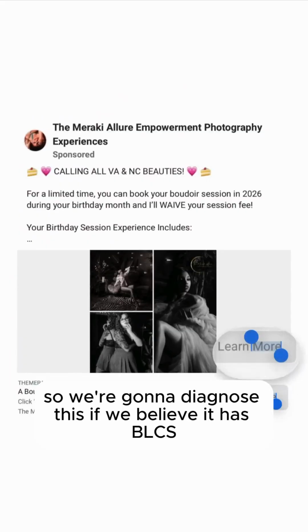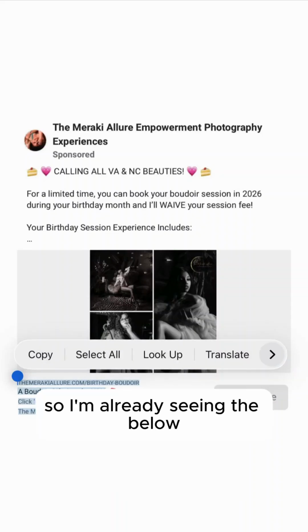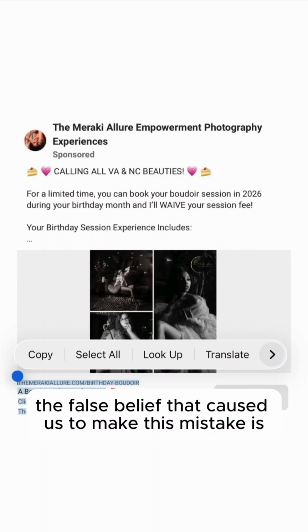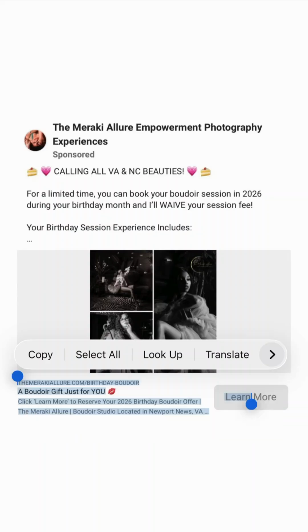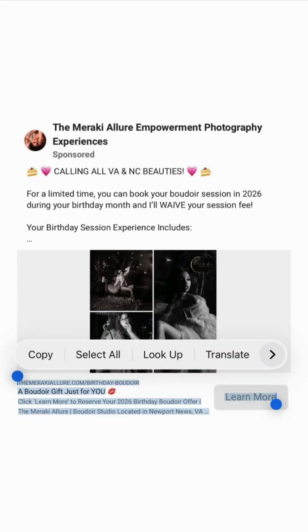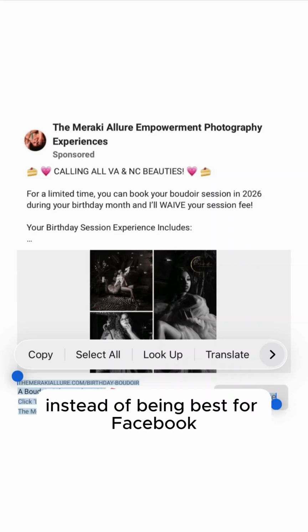So we're going to diagnose this, see if we believe it has BLCS, aka Boudoir low click syndrome. So I'm already seeing the below creative cluster mistake. The false belief that caused us to make this mistake is trusting that what Facebook says we should fill out is what is best for us to fill out, instead of being best for Facebook.